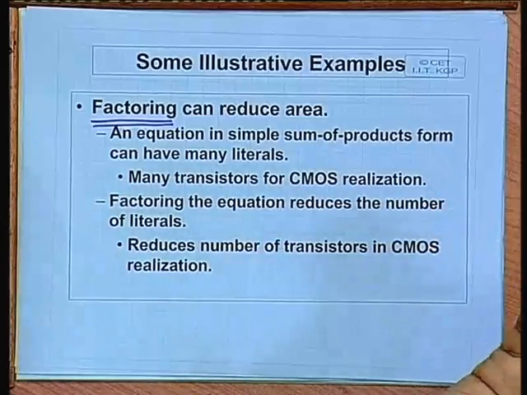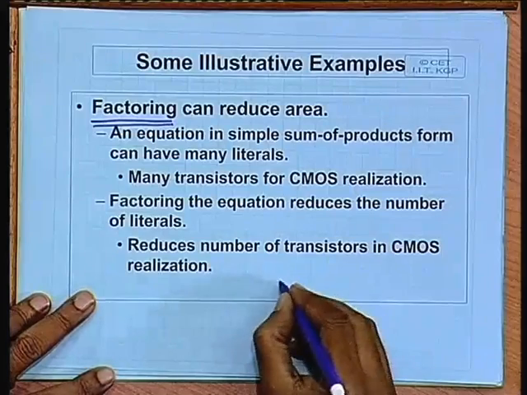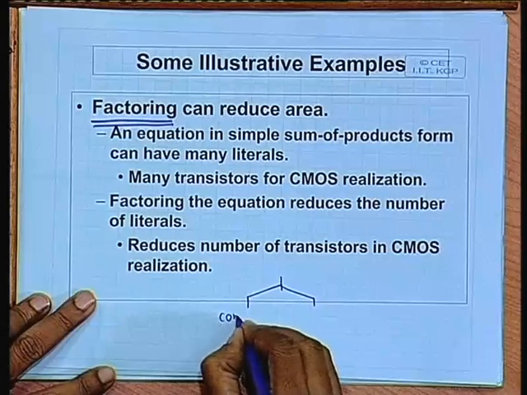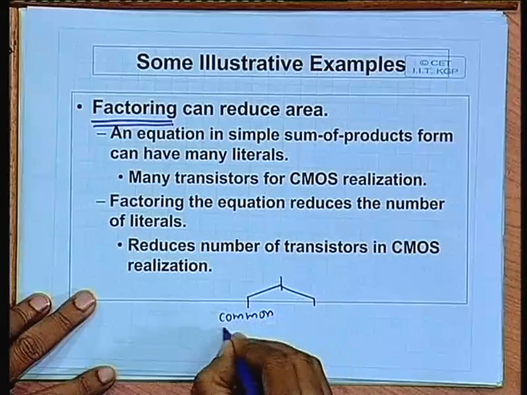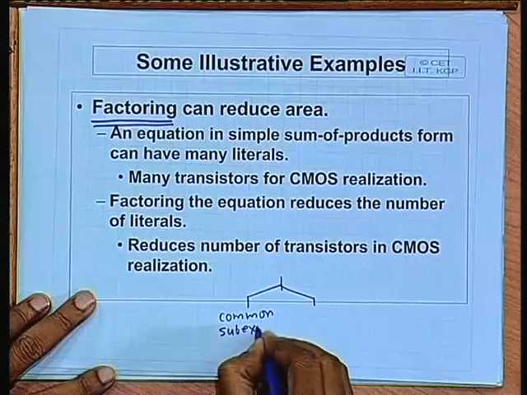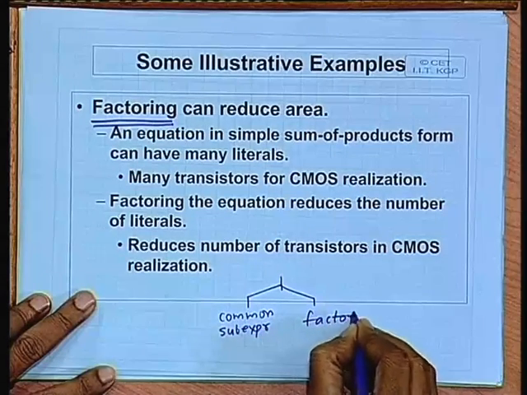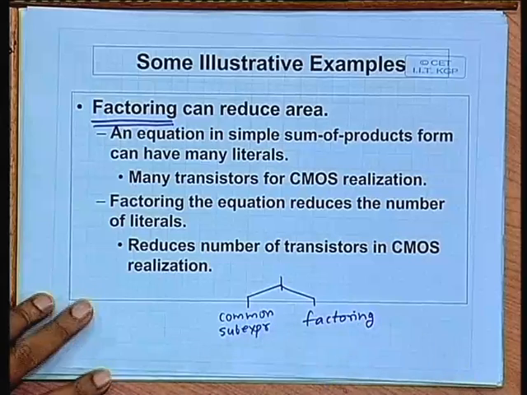We are trying to find the common sub-expressions and we are doing factoring. You can also do factoring and sub-expression extraction together, because there are two things: one is common sub-expressions, the other is factoring. Both will give benefit, as we will see through examples.